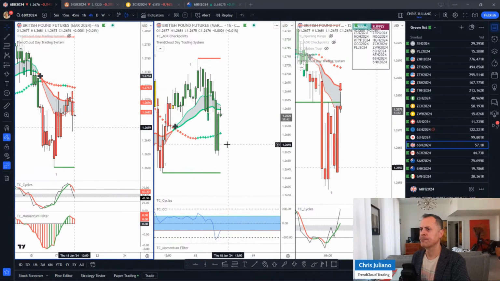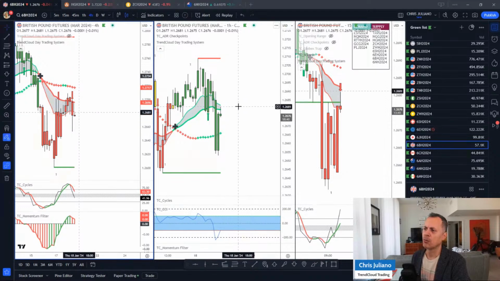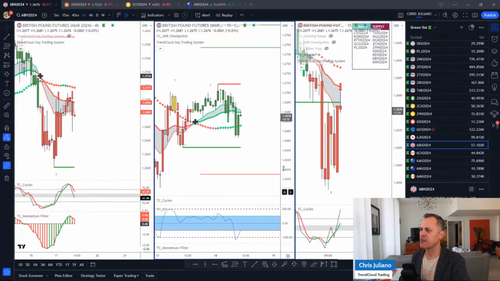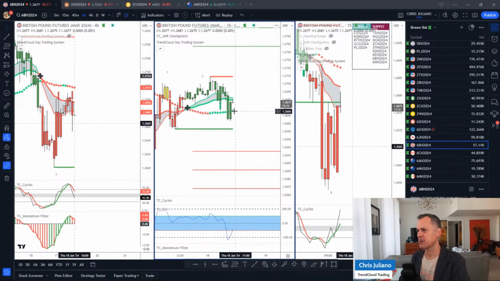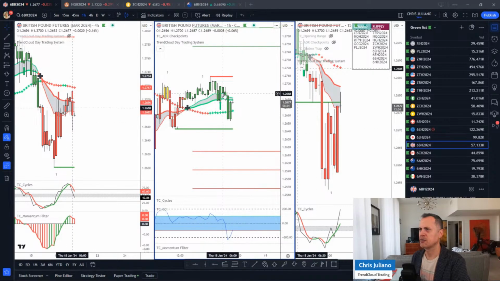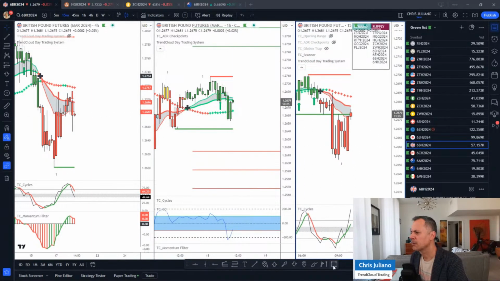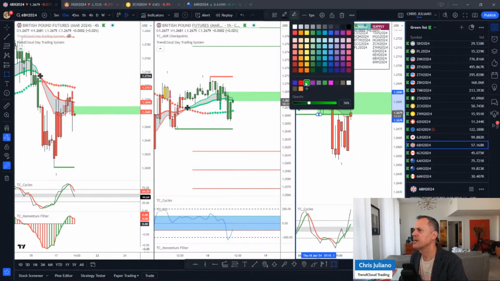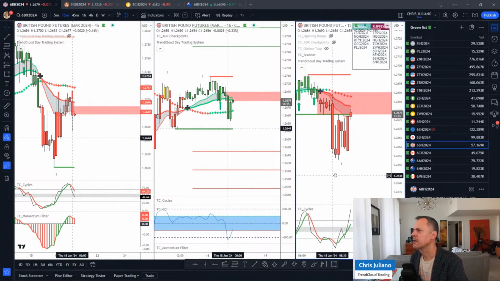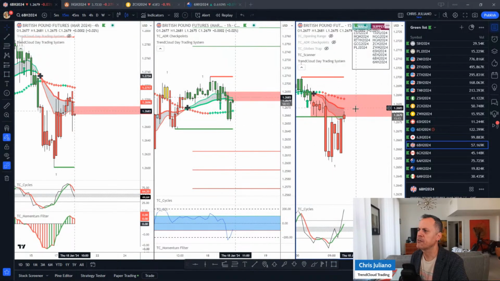So kind of going sideways on that 1-hour chart there. Pulling back into this 15-minute demand zone here, supply zone, right? 15-minute supply zone.